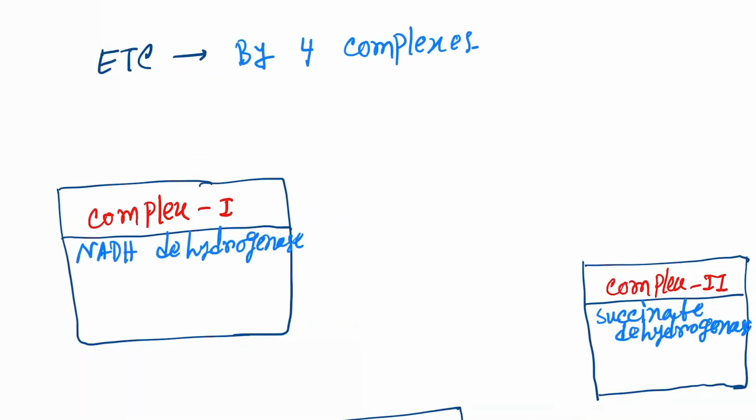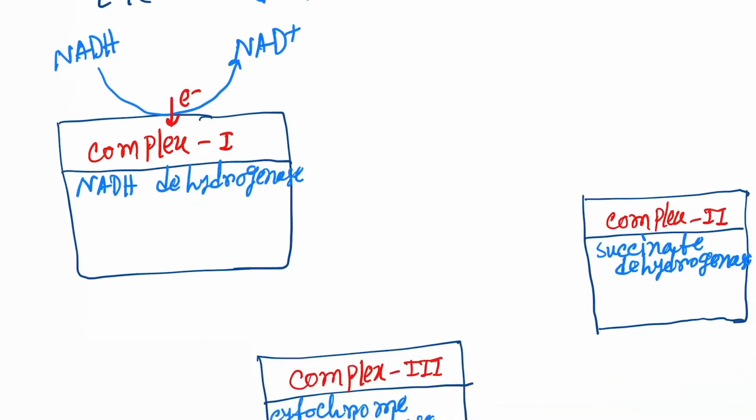Okay, so now I have told you earlier that we are getting electron from NADH and FADH2. Now complex 1 will help to receive electron from NADH, not FADH2. It is forming NAD plus, and electrons are released to the NADH dehydrogenase, sorry, to the complex 1, and in the complex 1 we have FMN and FES components.